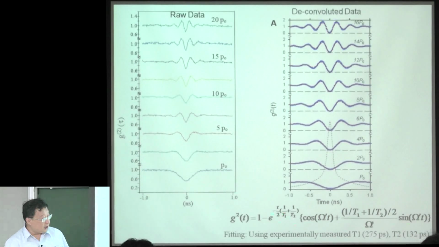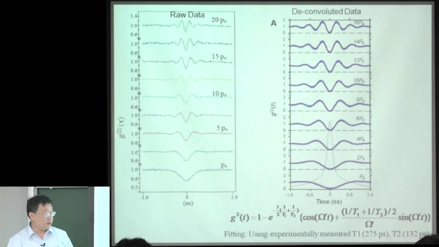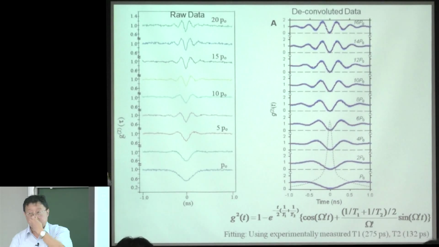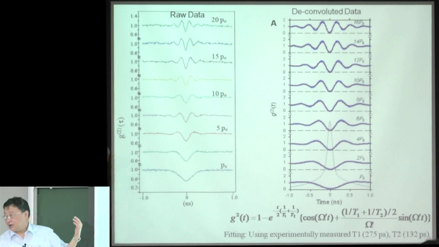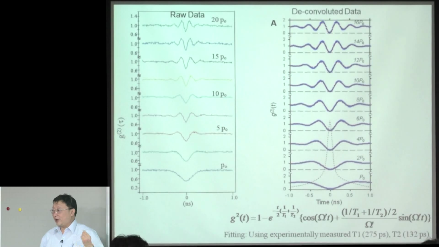We determine T1 using time-resolved luminescence, and we determine T2 using resonant fluorescence, looking at the line width at a very, very small intensity. You get T2 and T1 times determined experimentally, and they fit perfectly well. But I do want to warn you, not every quantum dot fits perfectly well.